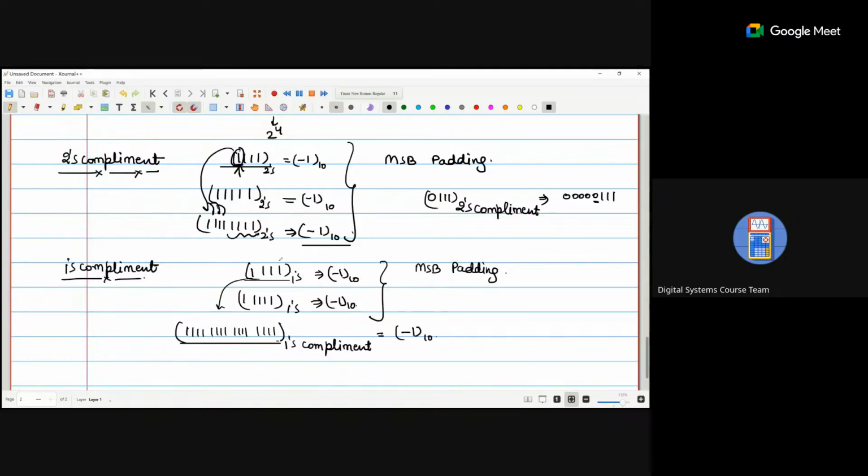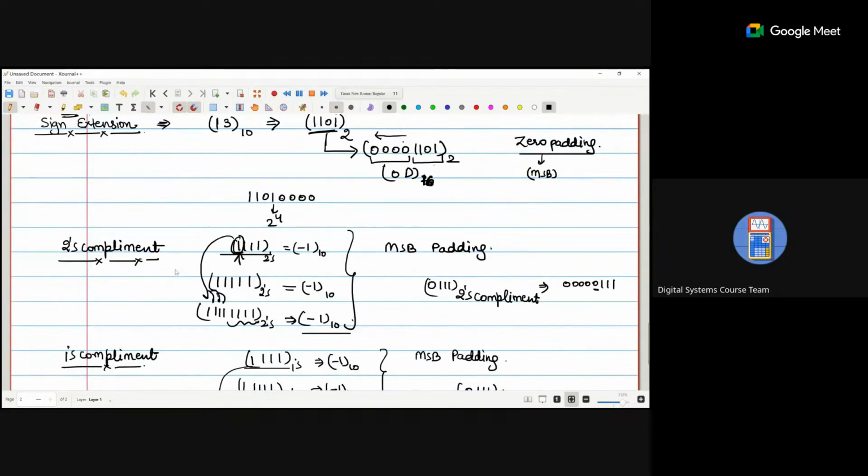Now if the number is positive, 0111 given in 1's complement, and I convert it to 16 bits, it is 0000 0000 0000, then 0111. So this is called bit extension for 1's complement.